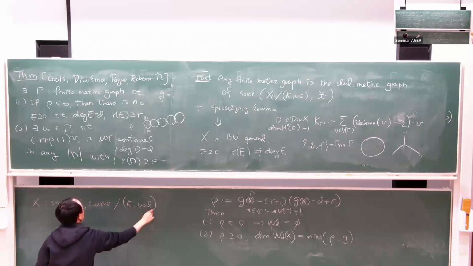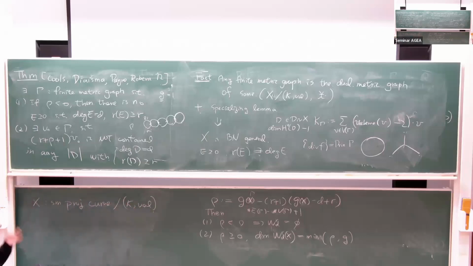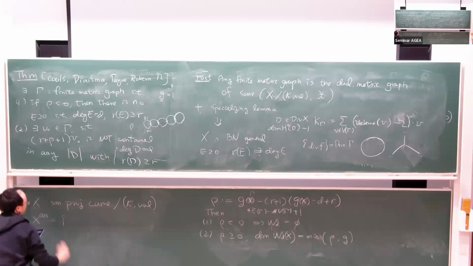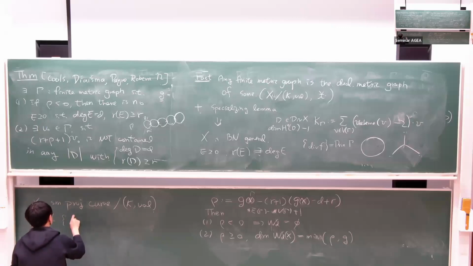So let's say X is a smooth projective curve over a complete valued field K, which is algebraically closed. Here we want to define the tropicalization maps in a more general setting, which makes use of the Berkovich geometry. So the Berkovich analytification is, as a set, the following set.